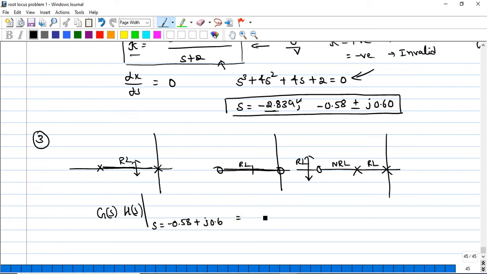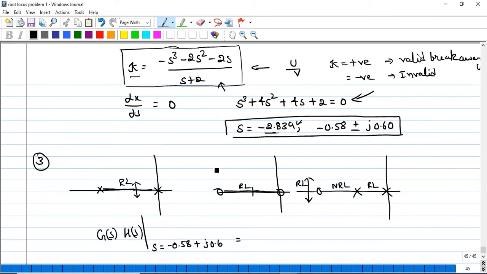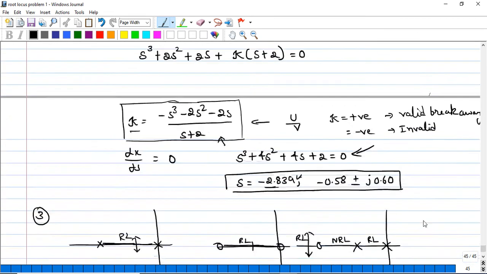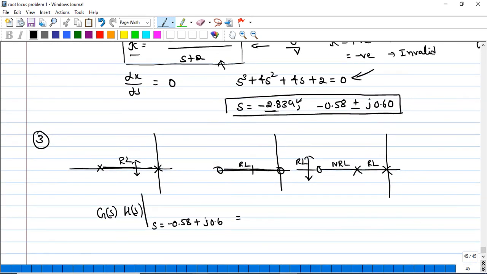Here we need to substitute the s value. So let me consider the equation of the given problem, K times (s plus 2) divided by s times (s squared plus 2s plus 2). Here we need to substitute s as minus 0.58 plus j 0.6.